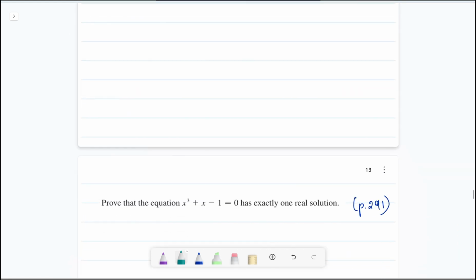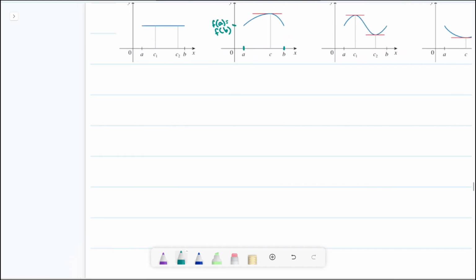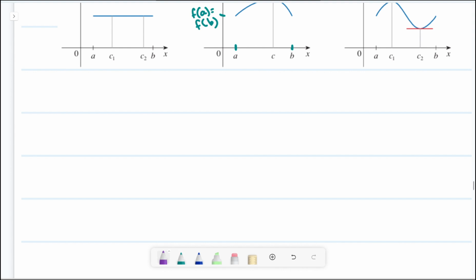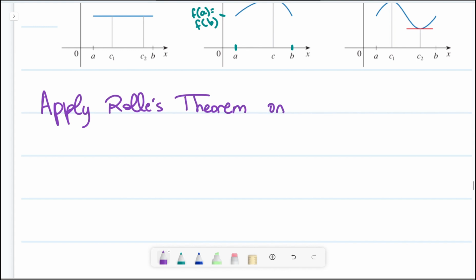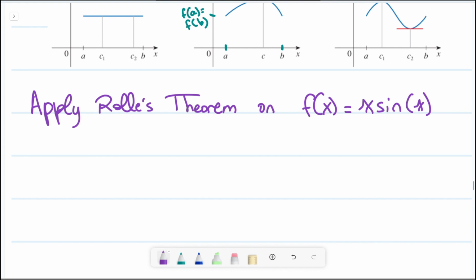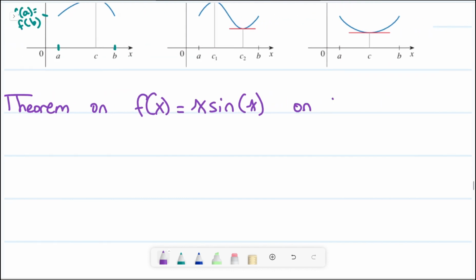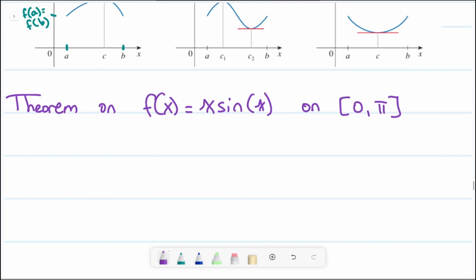So let's move on to an example to see how this can be applied. We will now apply Rolle's theorem on the function f of x equals x sine x on the interval 0 to pi.